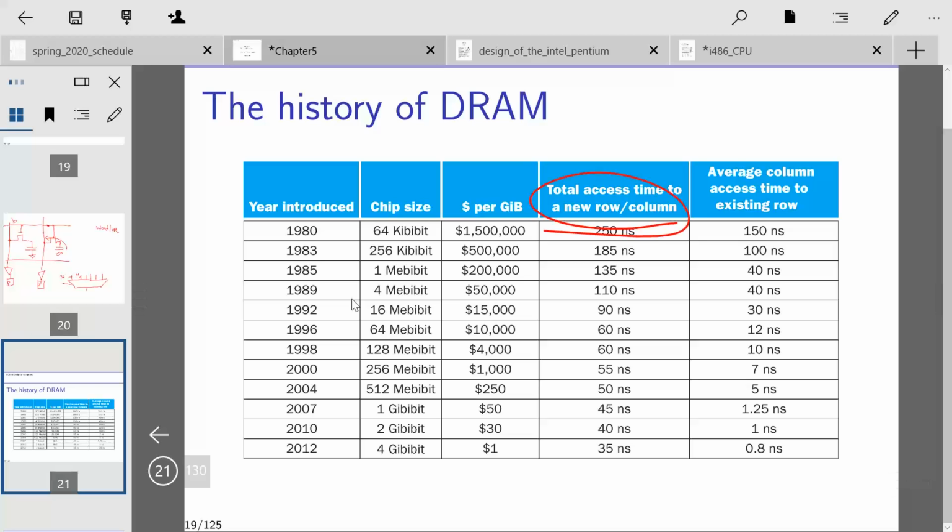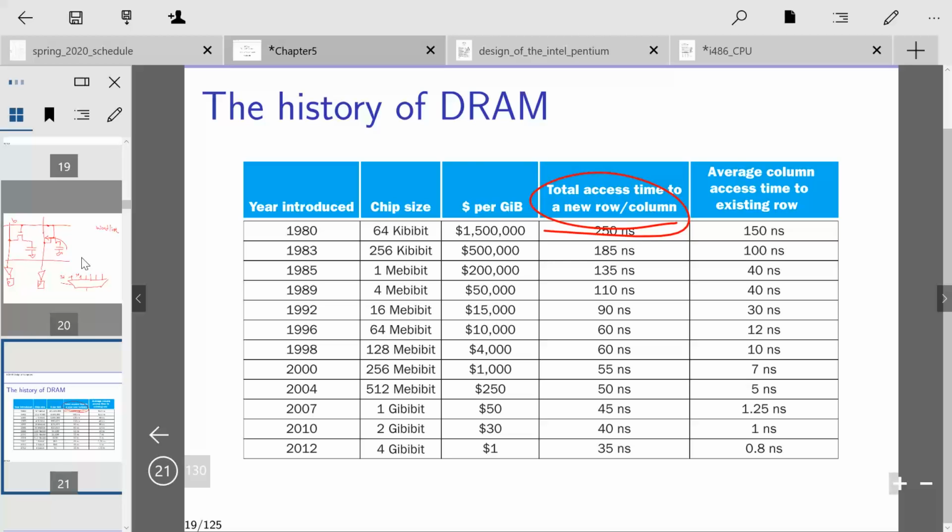When we talk about latency, you pay a pretty large penalty to access a piece of data in a row, and once you deliver that first piece of data, you can fire off the rest of the data in that row very quickly. So you end up with a lot more bandwidth. You still have a high latency, but you have increased bandwidth.